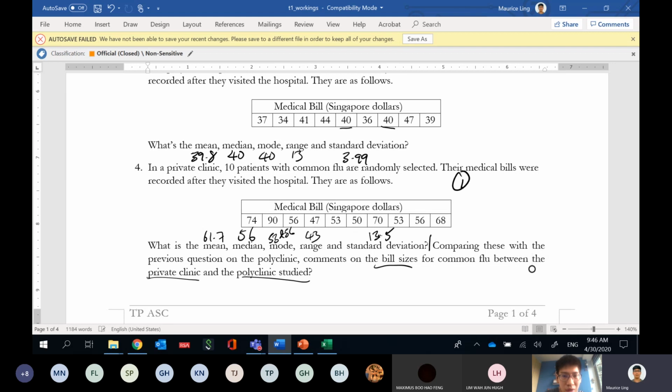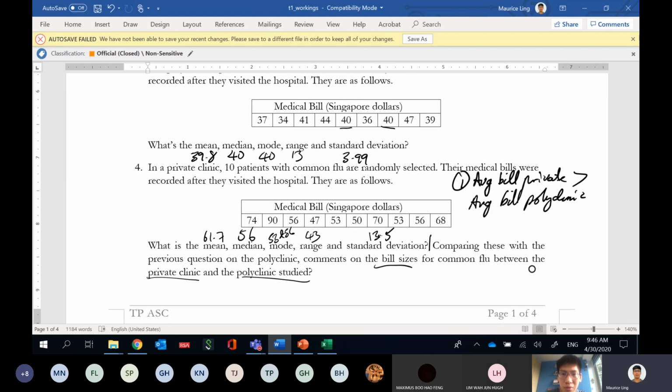Question one. You do all your analysis, you have to be able to put your conclusion in simple language. You can say that the average bill for private is more than the average bill for polyclinic. That your grandmother can understand, your mother can understand. You have to explain in a simple way.